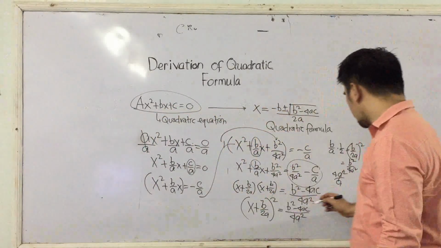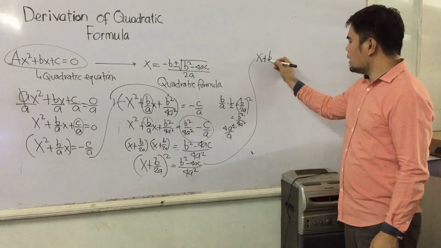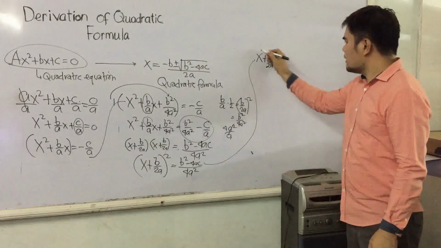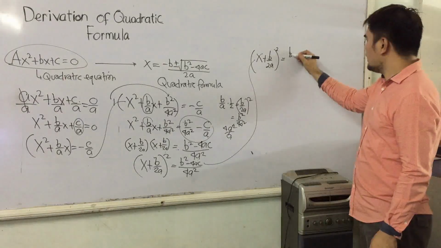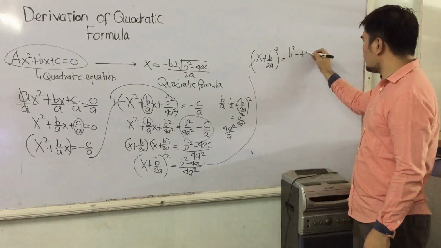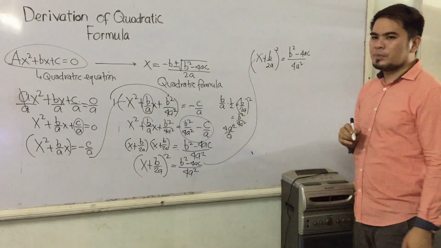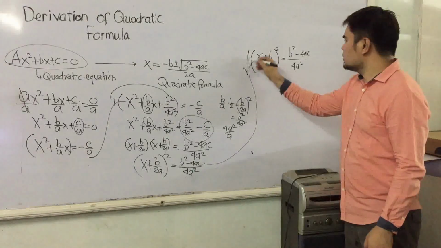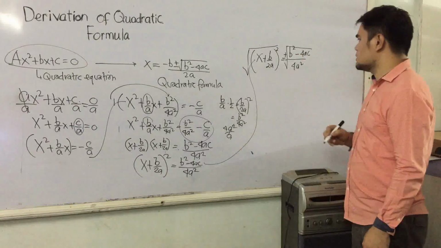Okay, let's continue here. We have x plus b over 2a squared equals b squared minus 4ac divided by 4a squared. Then we're going to extract the square root, plus and minus.